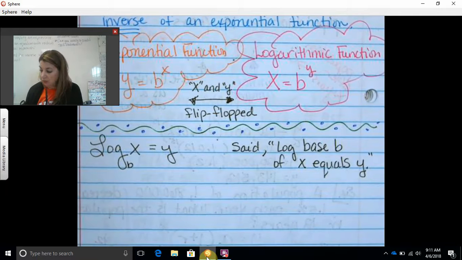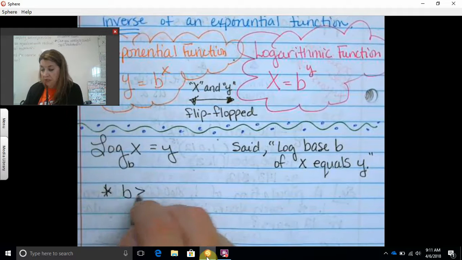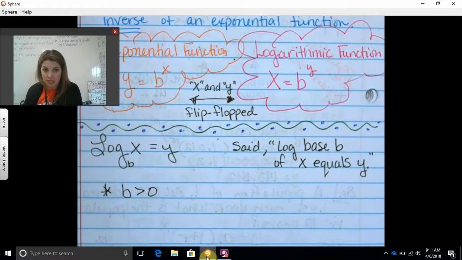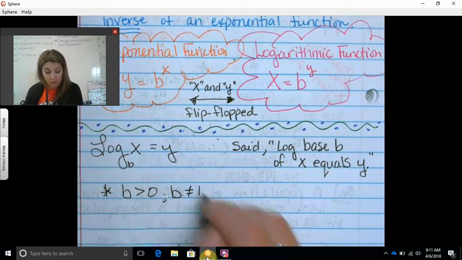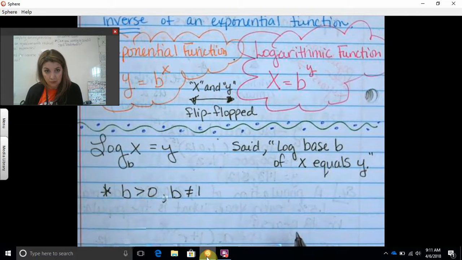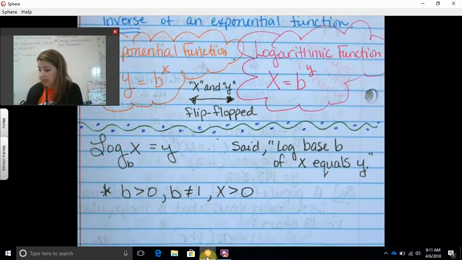Now, when you have a logarithm, your base must be greater than 0, so you can't have a negative base. Your base also cannot equal 1. And your x value has to be greater than 0. So no negative x value.